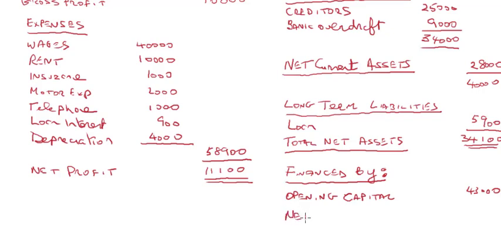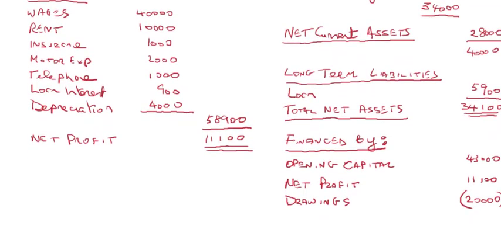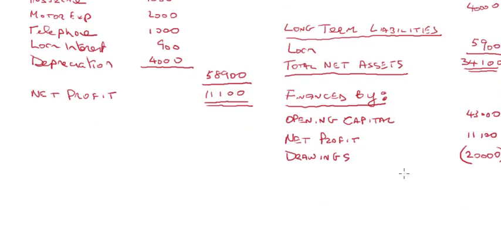So I just say net profit is 11,100, and then underneath that we're going to reduce the capital by the amount of the drawings, because the drawings are just withdrawals of capital out of the business by the owner, and that's 20,000 we said. And I will put a bracket on that because it wouldn't be clear otherwise that we're going to subtract. Okay, so we just add those three figures up and we get, of course, 34,100.